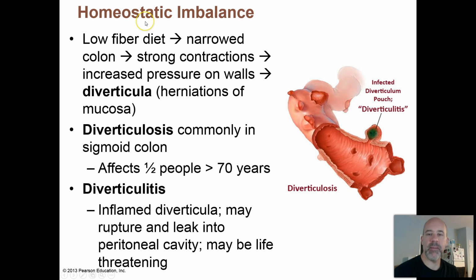A homeostatic imbalance of the colon that you'll hear people mention, diverticulitis. Let's talk about that. This tends to occur in people who have a low fiber diet. When you hear about fiber, what is fiber? Fiber consists of complex carbohydrates, so chains of sugars, sometimes branching chains of sugars that are in a pattern such that we don't have the enzymes to break them down.